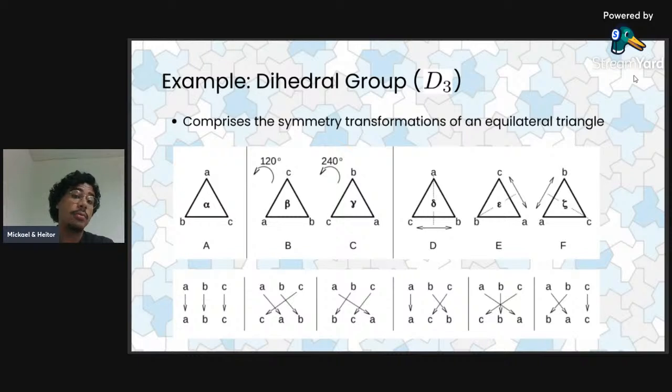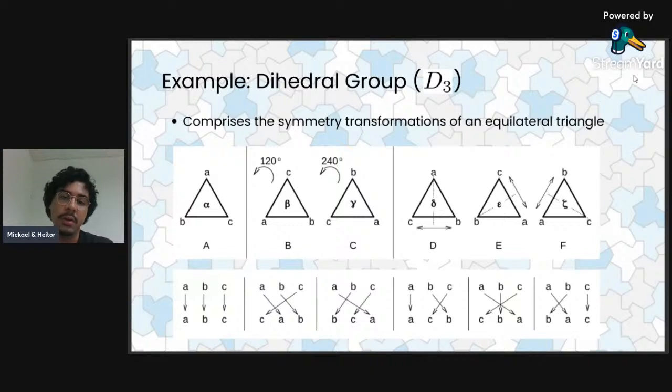I can also do 2 different kinds of rotations, one with 120 degrees of rotation, and that returns again the same triangle as it started, that's alpha. And I have the 240 degrees rotation, that is, I rotate 2 times, and again the symmetry is preserved. And I have 3 different axes of reflection that I can reflect upon and still preserve the symmetry.